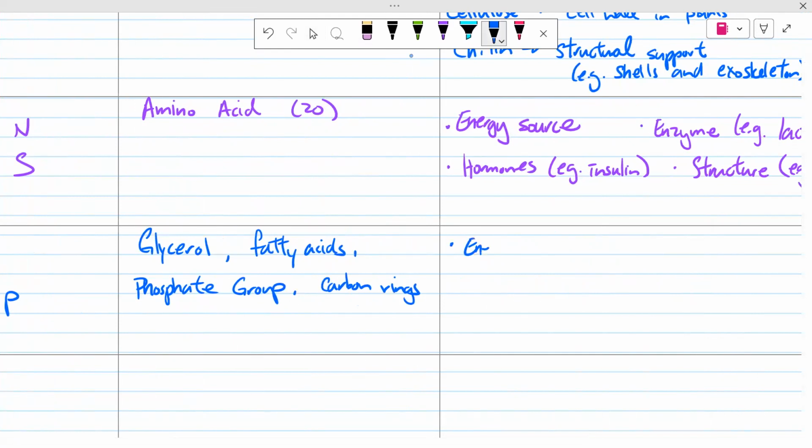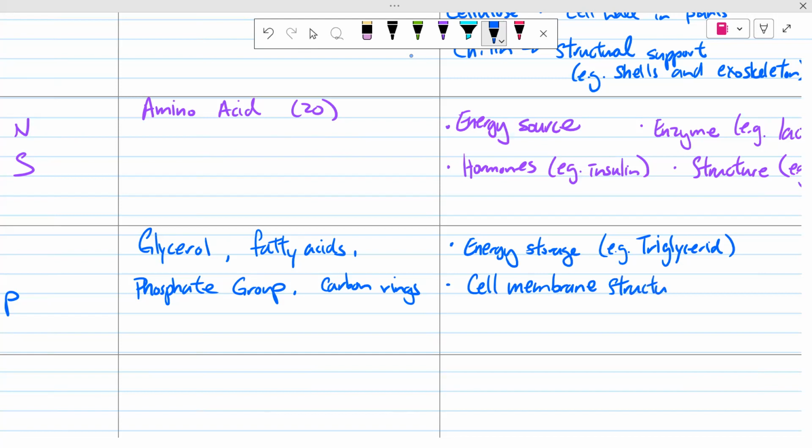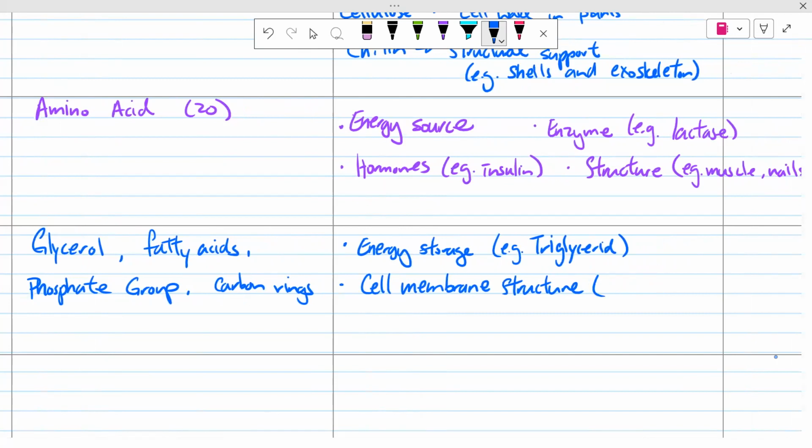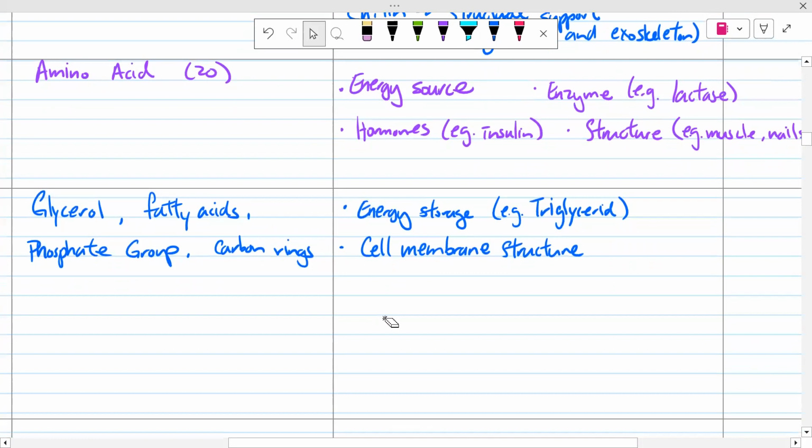We use lipids for energy storage. This is the triglyceride. We can use it for cell membrane structure. There are two things that are found in the cell membrane, which are lipids, right? Do you guys know what they are? There's the phospholipid, and what's the other lipid that we find in the cell membrane?